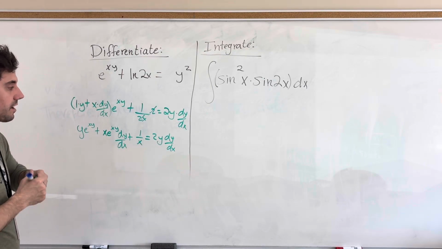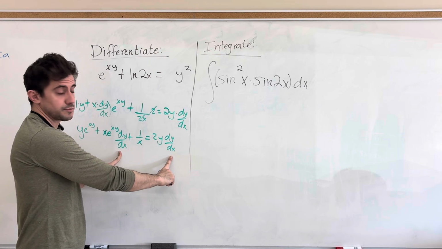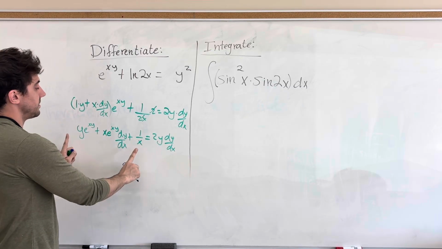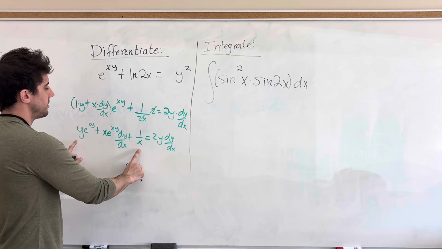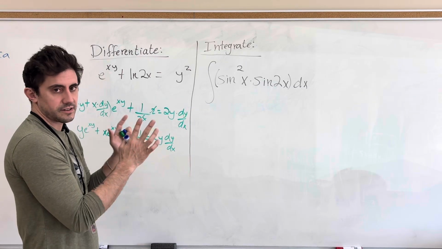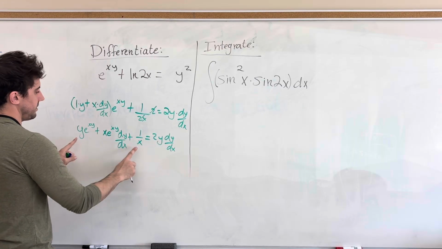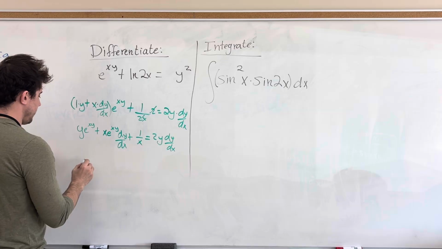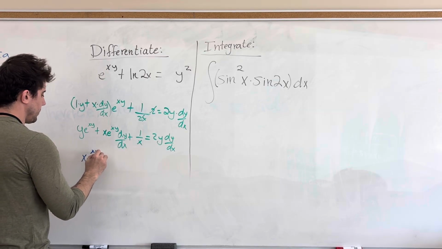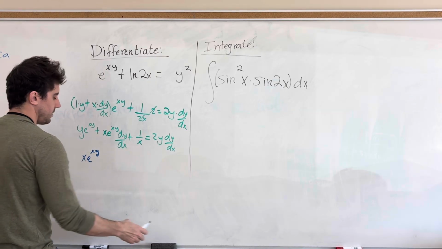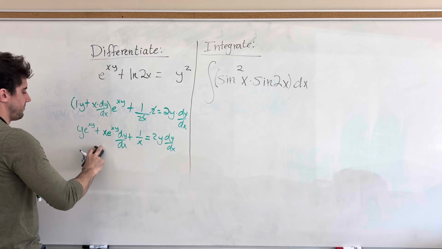And again, we are after dy dx in the end, so let's put it all on one side. Let's get every term that does not have a dy dx part of it on the other side, factor, isolate. So I'll move that over here and these two terms on the right-hand side. So I'll have x e to the xy dy dx.